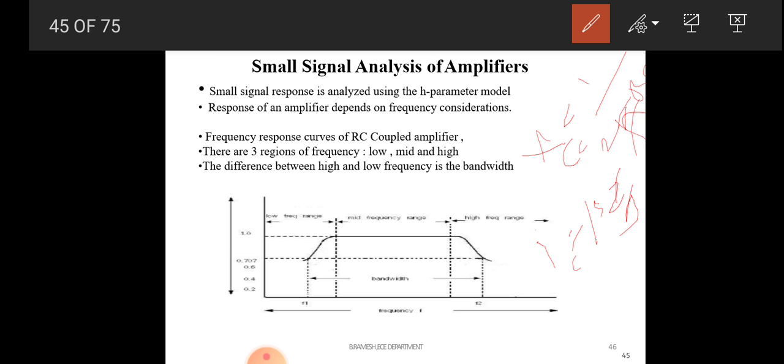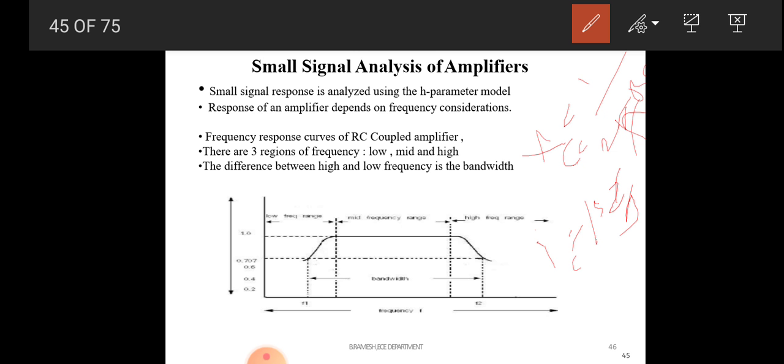To calculate the bandwidth, we divide the maximum gain by root 2, and you get the corner frequencies. If you draw the line, the meeting point at that frequency is called the lower cutoff frequency, and similarly on the higher side, this end F2 is called the higher cutoff frequency. The difference between the higher cutoff frequency and the lower cutoff frequency is called bandwidth.